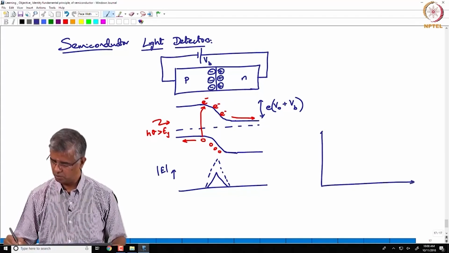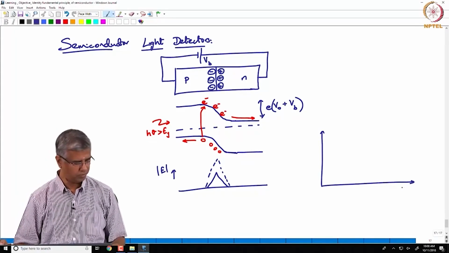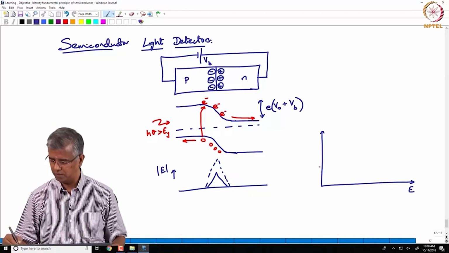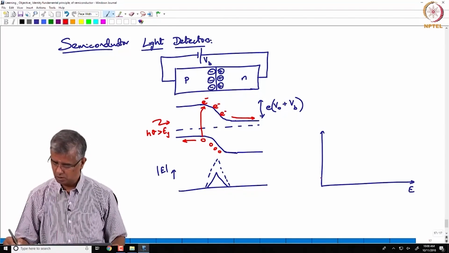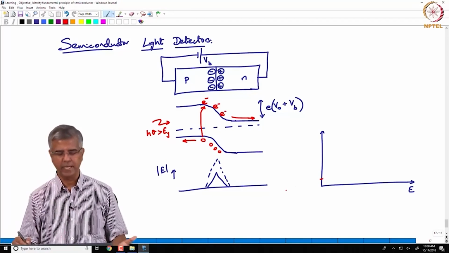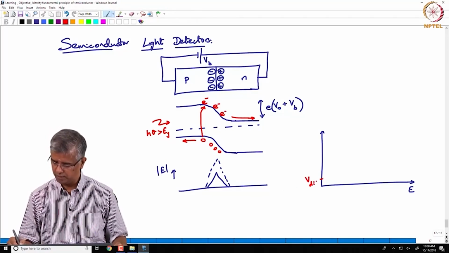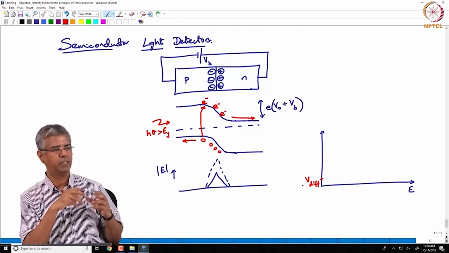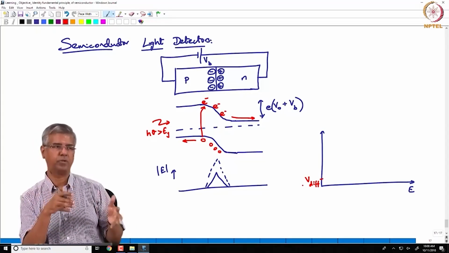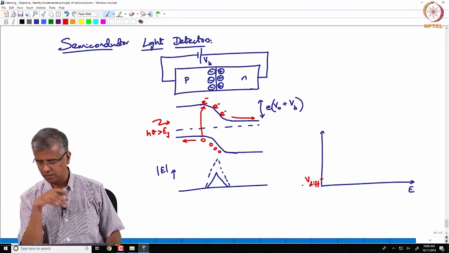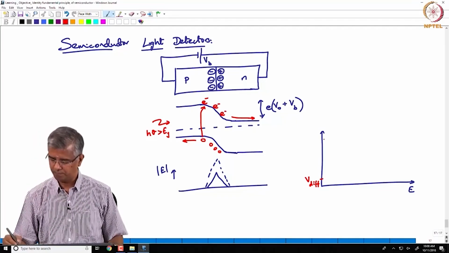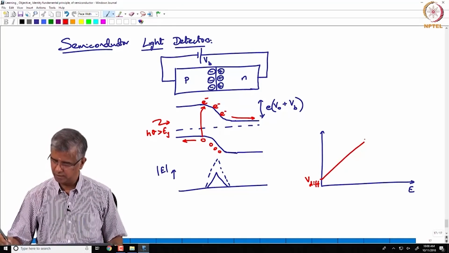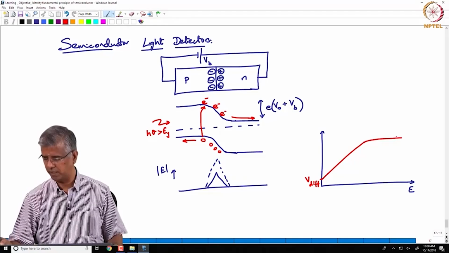When we look at that as a function of the electric field, normally without any electric field, you have the diffusion process happening. So, these charges just diffuse, and of course, they cannot diffuse beyond that built-in potential. But within the influence of the electric field, the velocity increases and then it saturates.